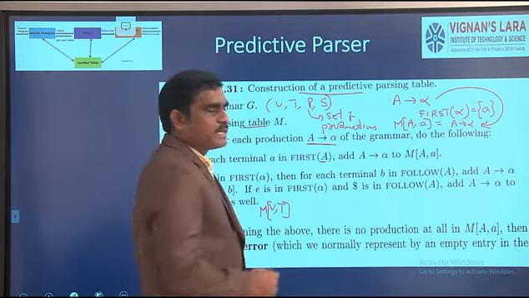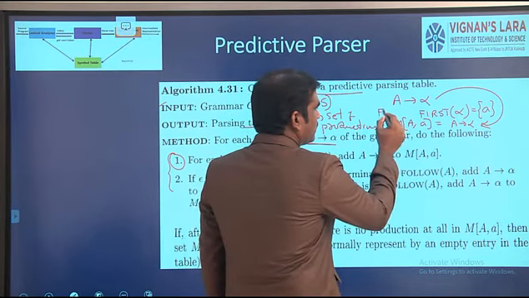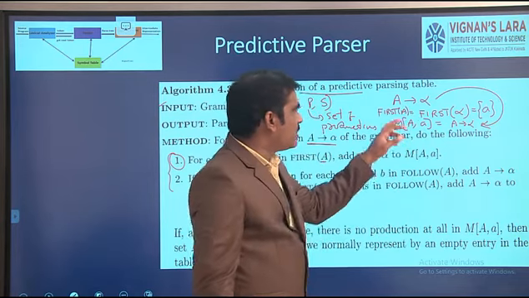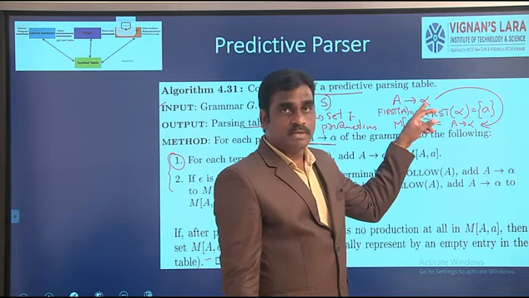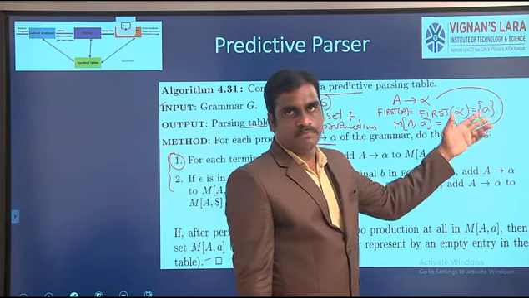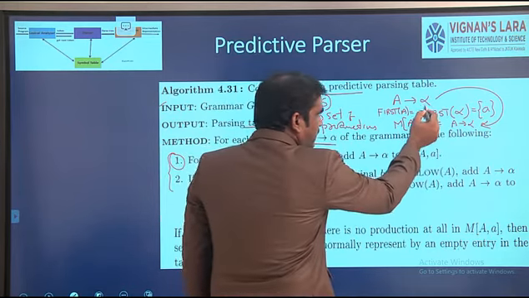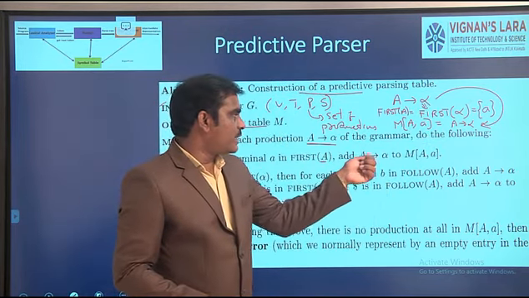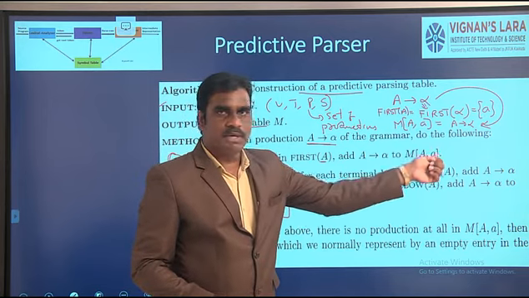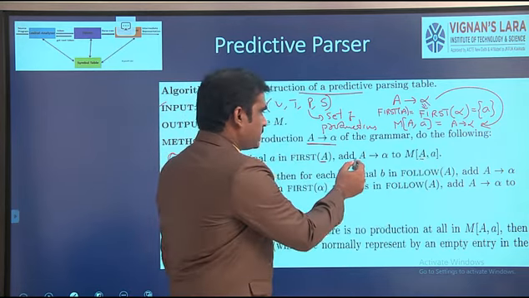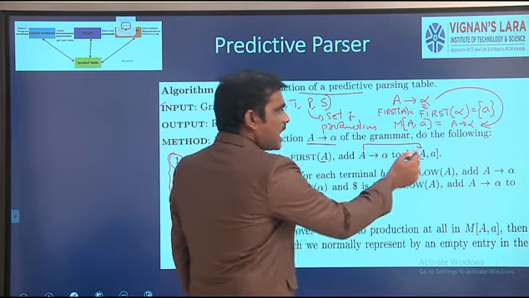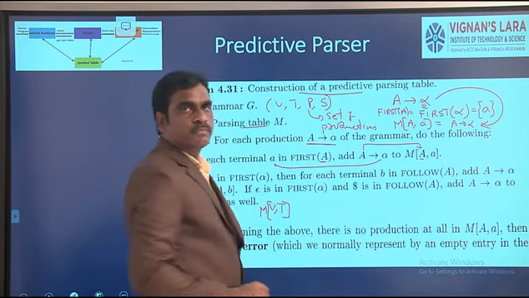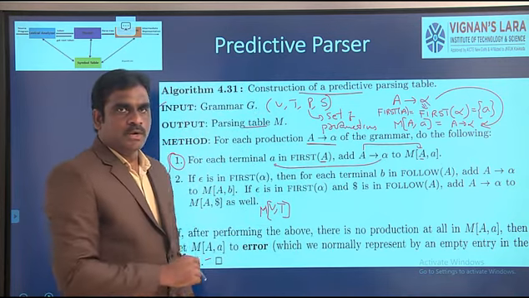First of alpha means first of the right hand side of the production. Otherwise, we directly select first of alpha, then add A to alpha to M[A, a]. A means the left hand side of the production, and a means the first of alpha result. This is rule 1.